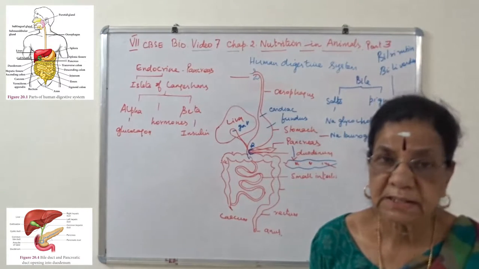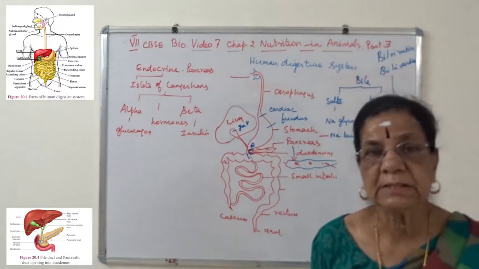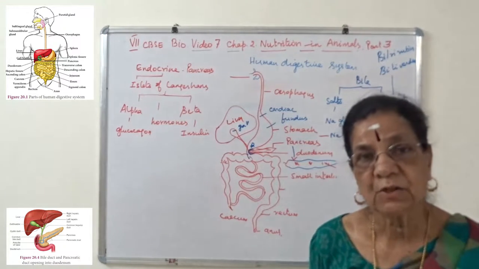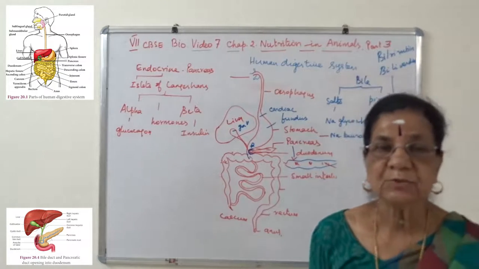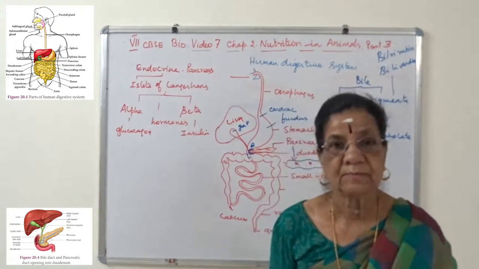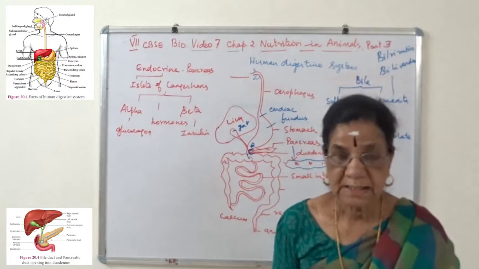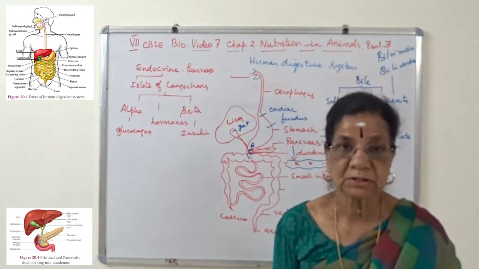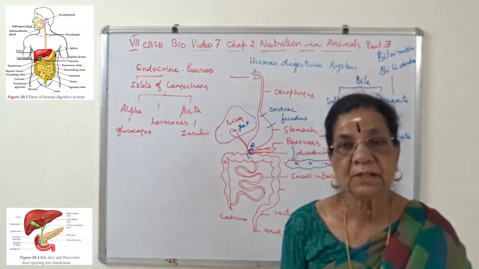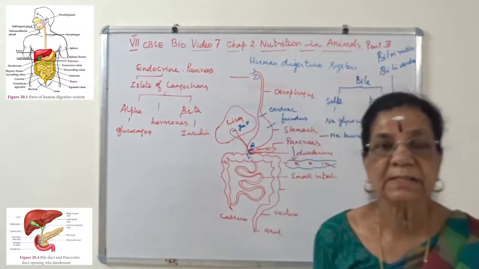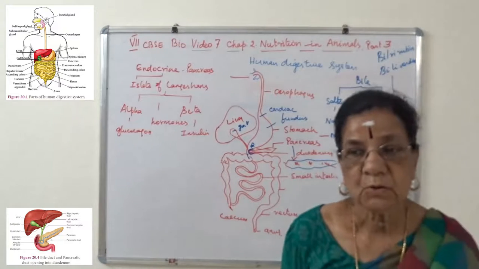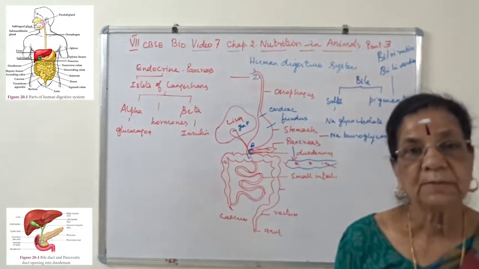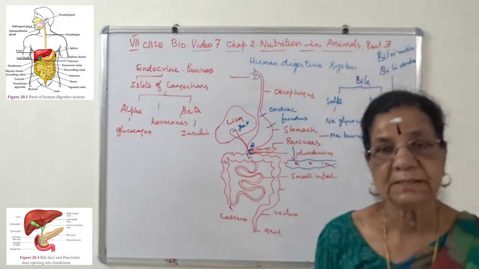With the secretion of the insulin hormone by the beta cells of the islets of Langerhans, the glucose has to be converted into glycogen. If it is not so, then the level of blood sugar will increase.